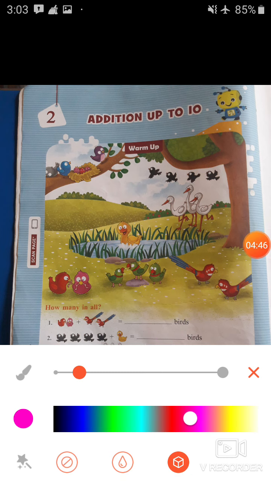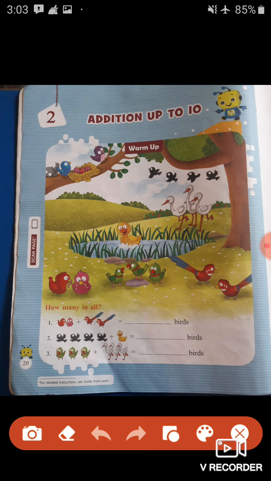Now in the next one, what you have to do? There are 3 parrots, 1, 2, 3 and 4 parrots on the first side, plus how many swans? 1, 2 and 3.